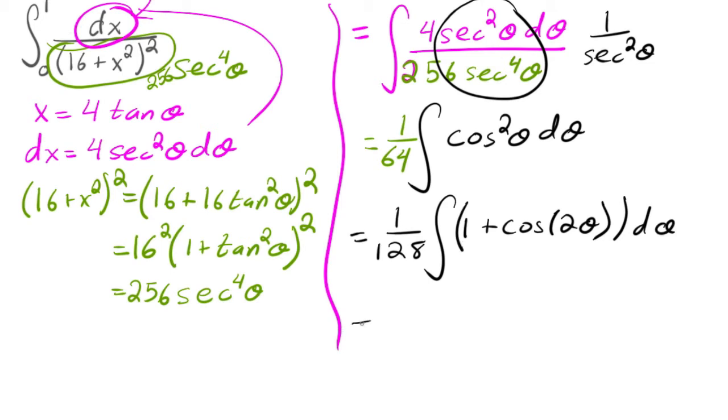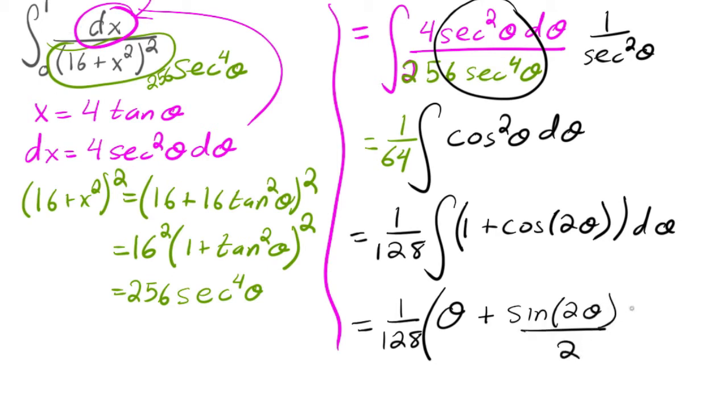Okay, and so this is equal to 1 over 128, and then I have theta, and then the antiderivative of cosine of 2 theta is going to be plus sine of 2 theta over 2. Now I need to switch back to the original variable so that I can plug in the limits of integration.